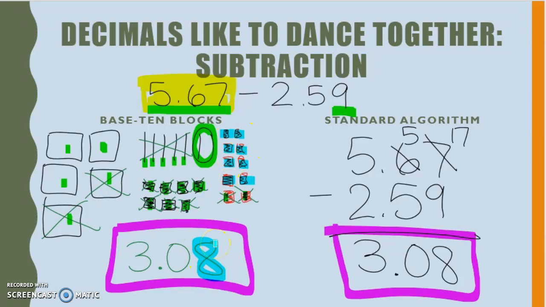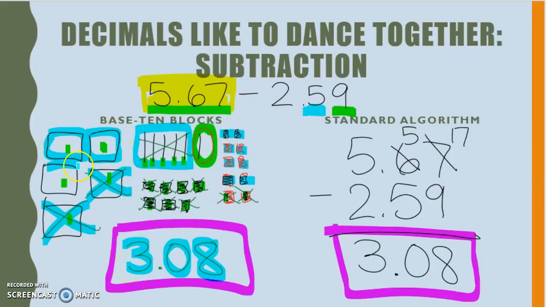Here's the 8. And then how many tenths did I have left? I had 5 left, and that's what I was subtracting, 5. So then there were 0, and then I had to subtract the ones, and I have now 1, 2, 3 ones left. I hope that makes sense.